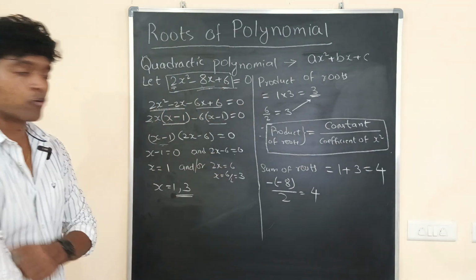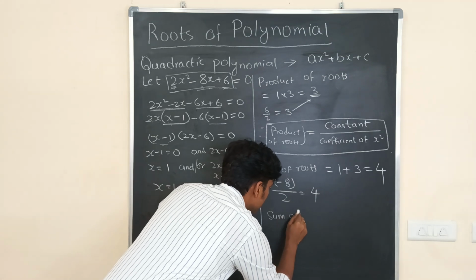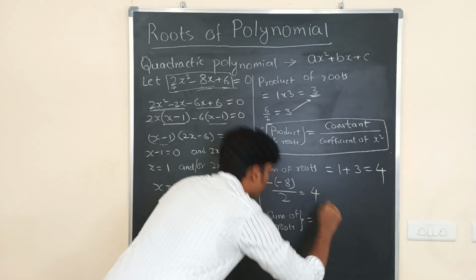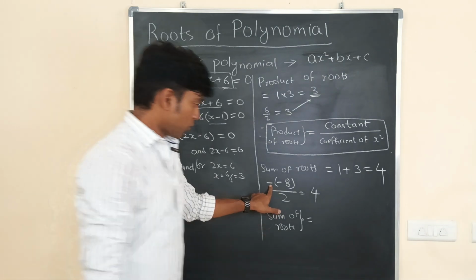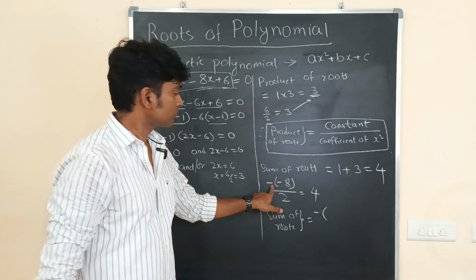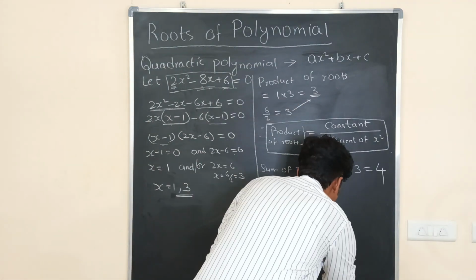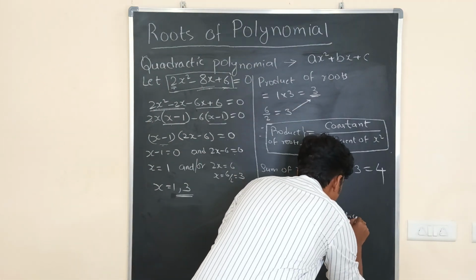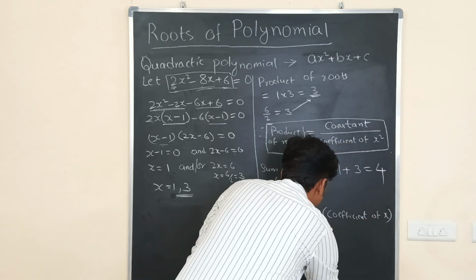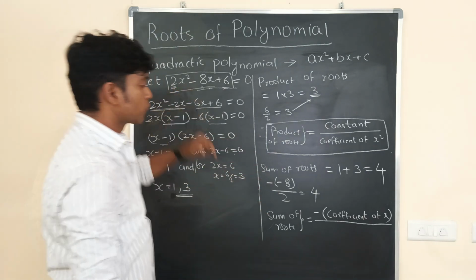So from this one, what do you notice? Sum of roots is equal to minus of coefficient of x divided by the coefficient of x square.